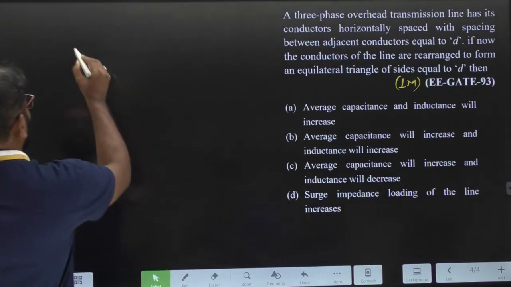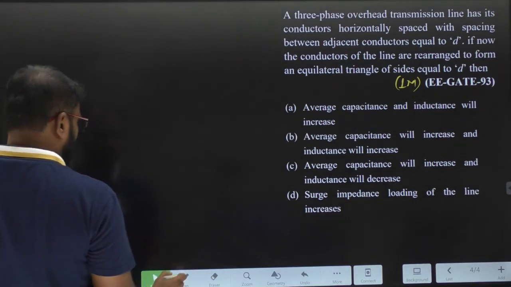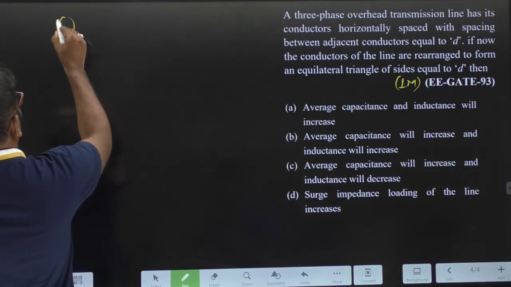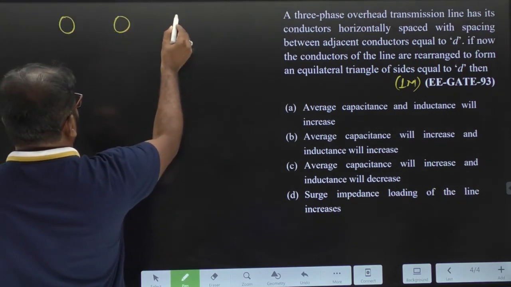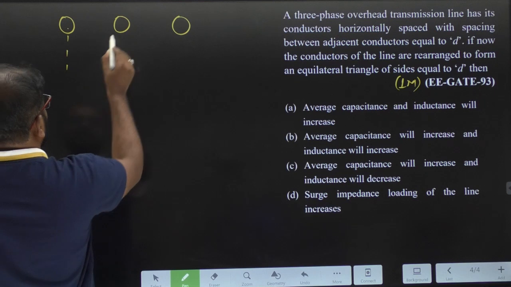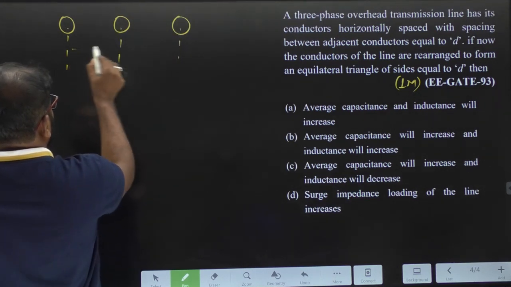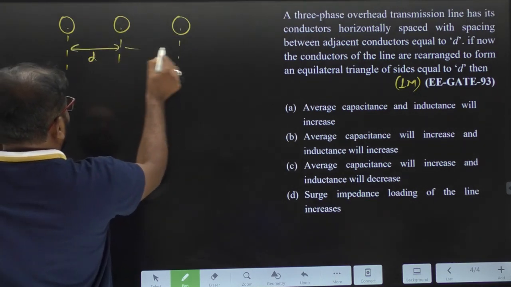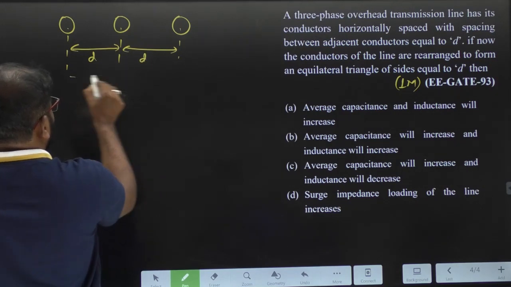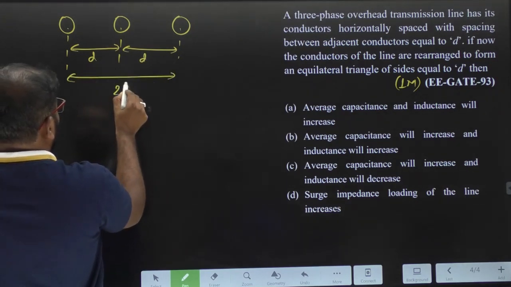Let's see. If the conductors have horizontal spacing and the adjacent conductor distance is D, then the distance between the outer conductors is 2D.